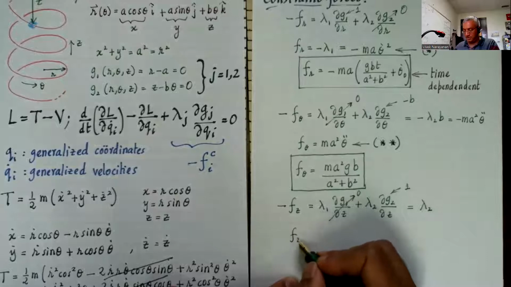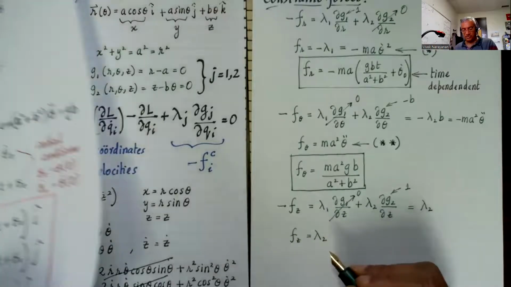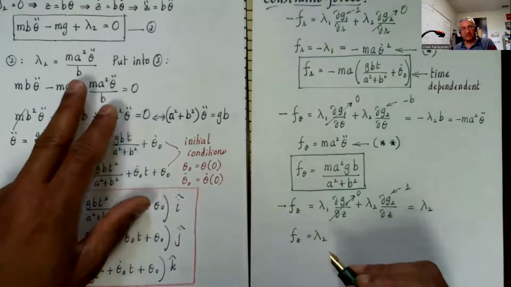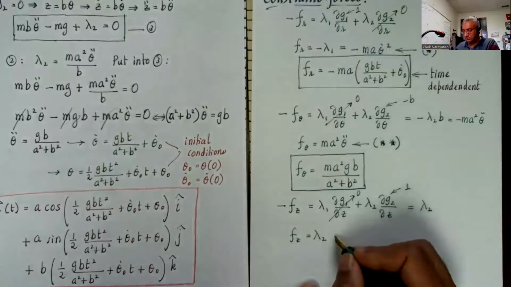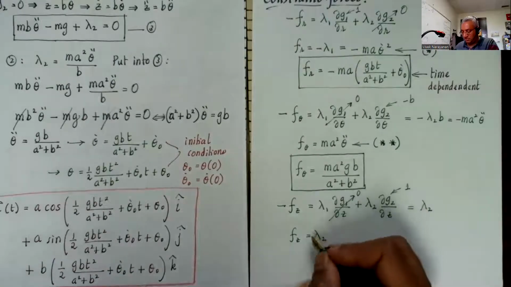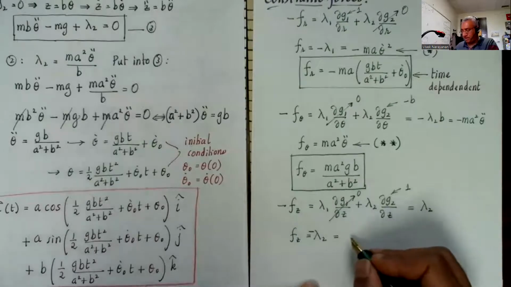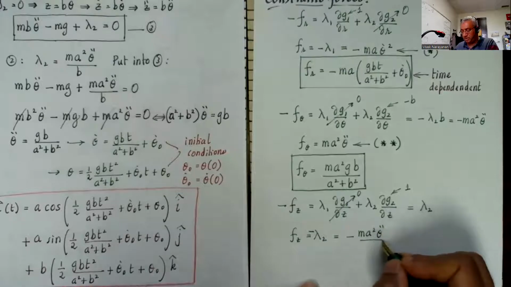Therefore, Fz is lambda 2. But lambda 2 is precisely ma squared theta double dot over b. So, I'm sorry, it's minus lambda 2. So that's going to be minus ma squared theta double dot over b.